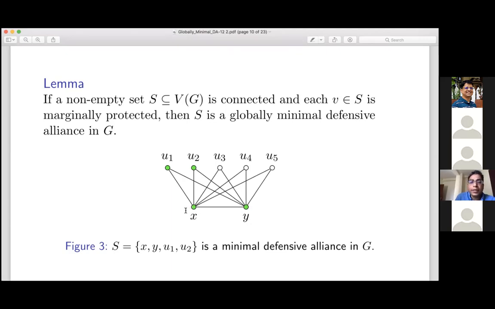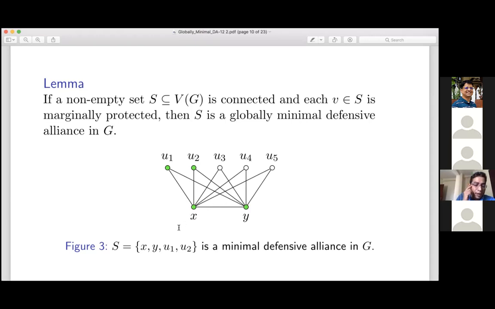Or in other words, if I move one vertex from S to outside S, then this vertex will not remain protected, right? Because in that case, if I move B2 outside S, then the number of neighbors inside S for X will be 3, and outside it will be 4, so it's not protected.